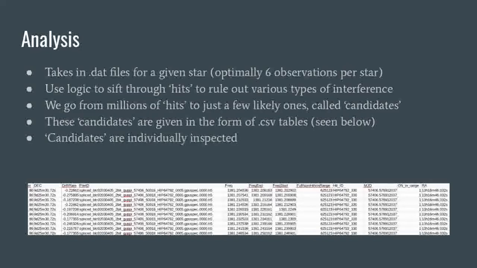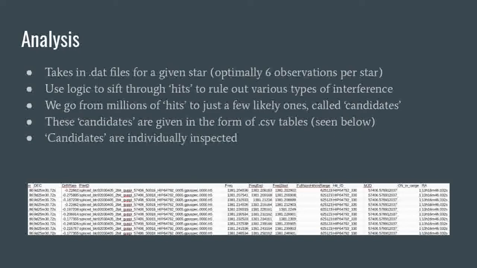These candidates are given in the form of tables, or .csv tables. An example is shown below. These, once again, will display very vital information, such as frequency, the specific file name, the drift rate, the time and location of that specific observation.